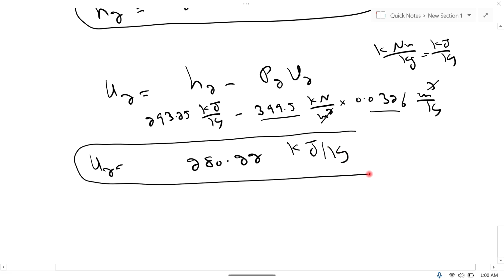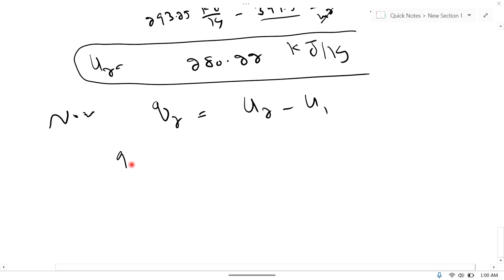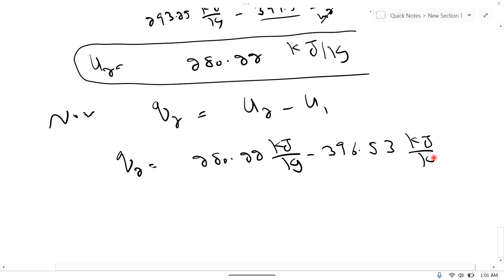Now specific heat transfer is equal to U2 minus U1. So Q is equal to 280.22 kilojoule per kg minus U1, which is 396.53 kilojoule per kg.